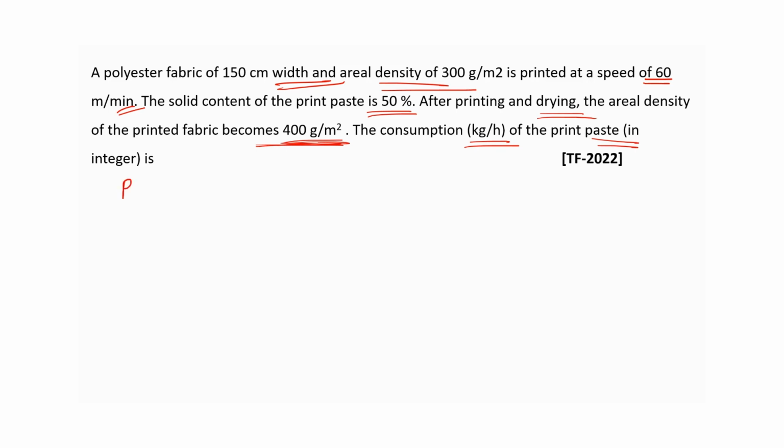So you need to find the production rate first. Production rate will come out to be, since the areal density is 300 gram per meter square into 150 centimeter, means 150 upon 100 meter, into the speed, 60 meter per minute.